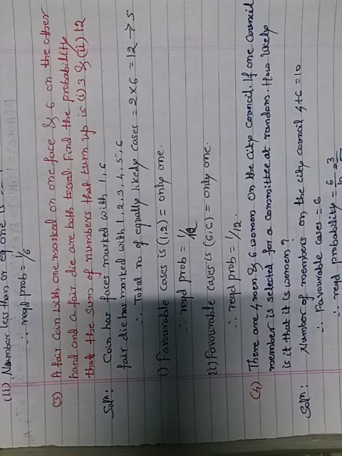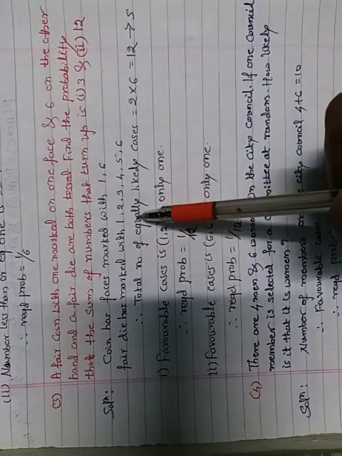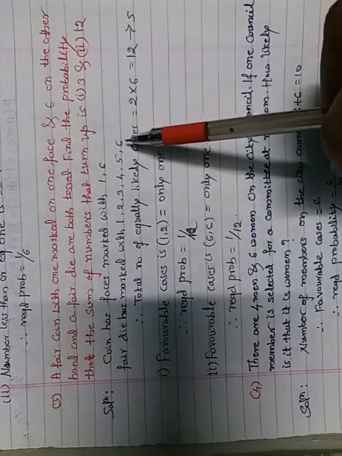A fair coin with 1 marked on one face and 6 on the other face means the coin has 2 faces. On one face it is marked with 1 and on the other face it is marked with 6. And a fair die is thrown. Both are tossed. The die has 6 marked numbers: 1, 2, 3, 4, 5, 6.